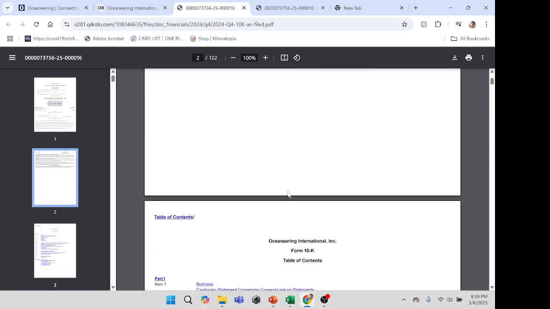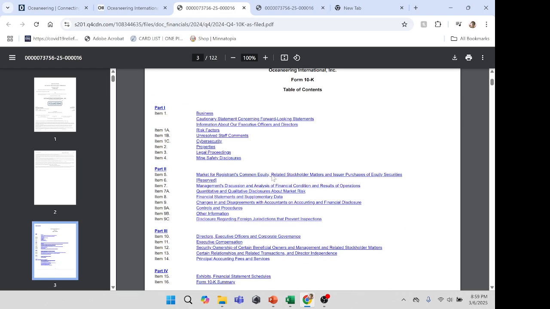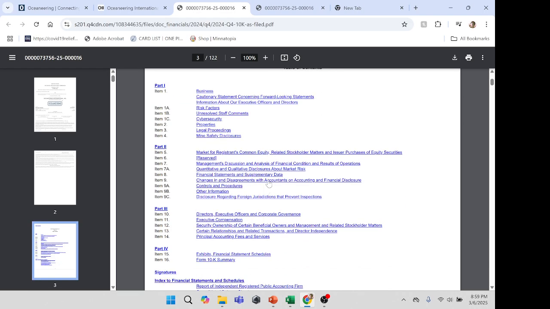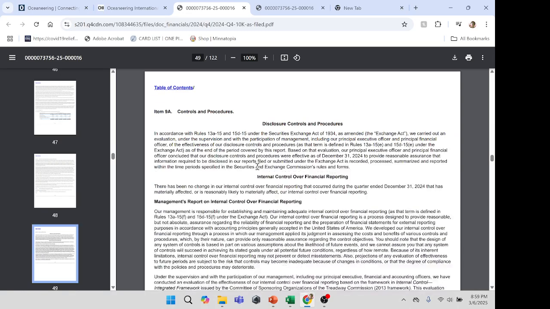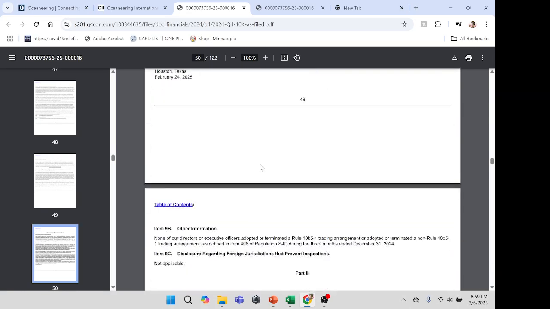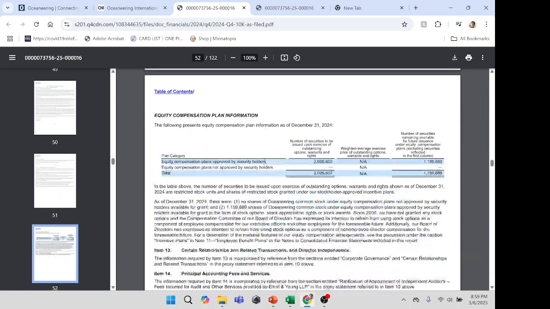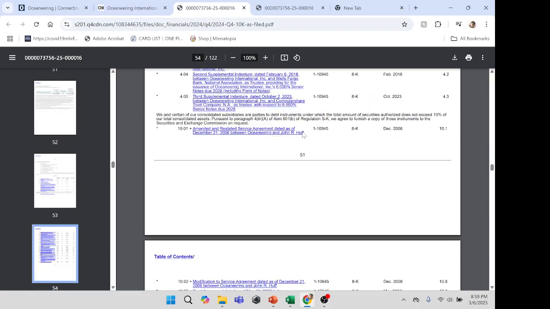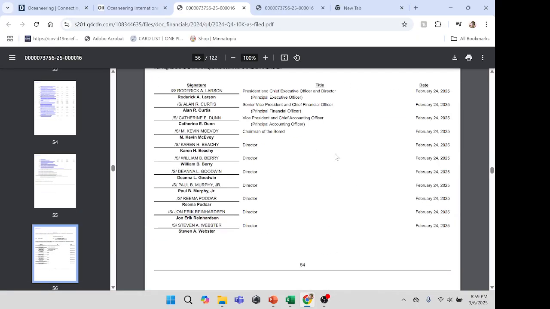Now I'm gonna hit the point of where you find the financial statements. Back to the point. Right here you can see Item 8, financial statements and supplemental data. You click on it, and you have to scroll down quite a bit.